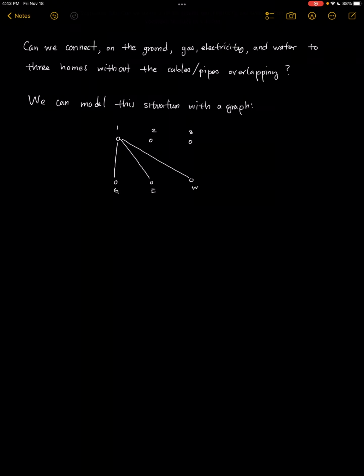We'll connect home number 2 to the same, and similarly for home number 3. And now you may recognize this graph as being isomorphic to a complete bipartite graph K3,3.